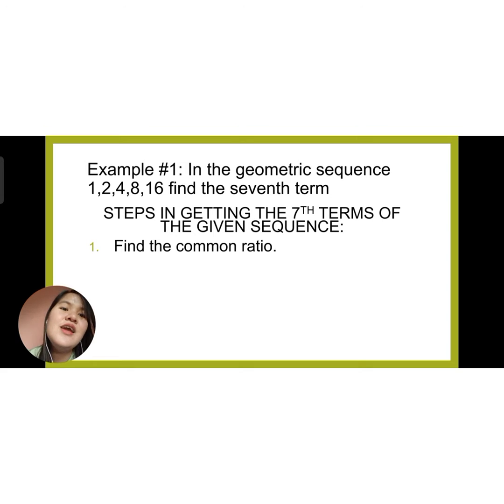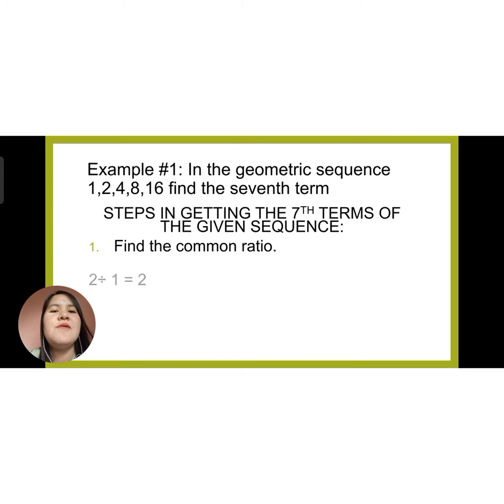Here, we get the common ratio by dividing the second term by the first term, the third term by its second term, and the fourth term by its third term.